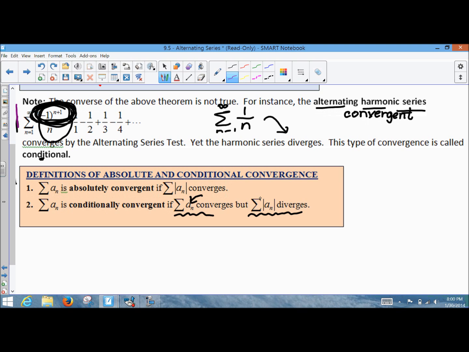If the summation of the absolute value diverges, but the original alternating series converges by using the alternating series test, that's when you've got a conditional. But if the absolute value converges, then game over. You can say by theorem 9.16 the original summation is going to absolutely converge.